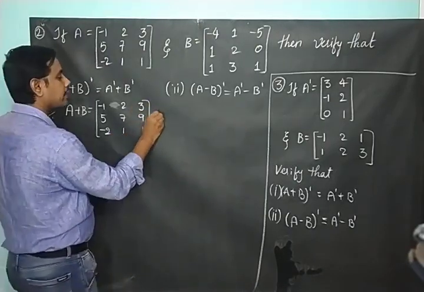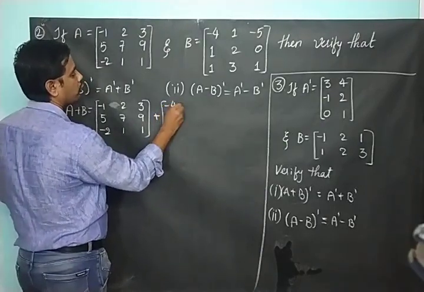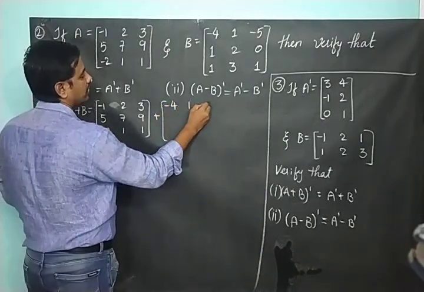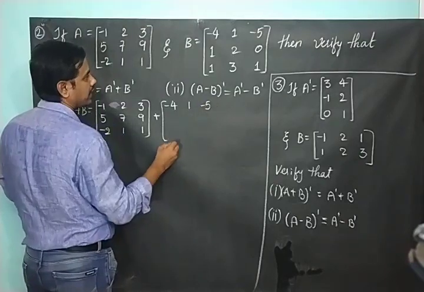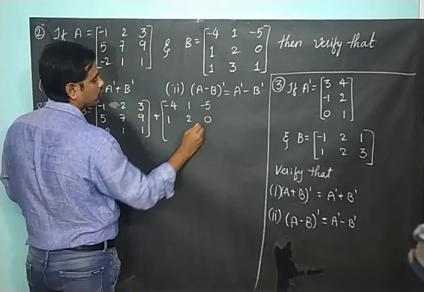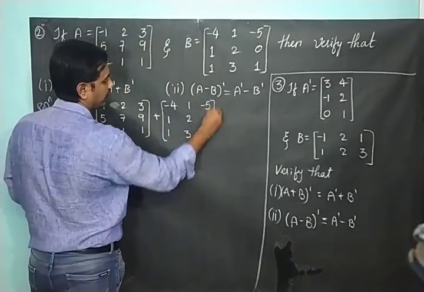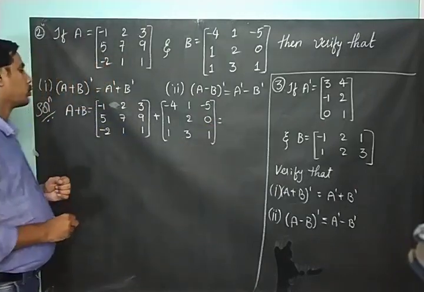This is A, plus B, which is minus 4, 1, minus 5, then 1, 2, 0, then 1, 3, 1. Right? So what will we get here?